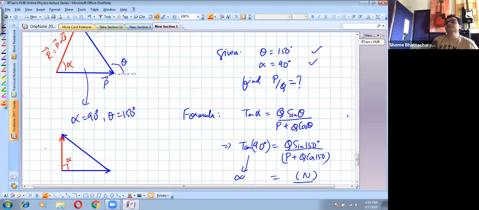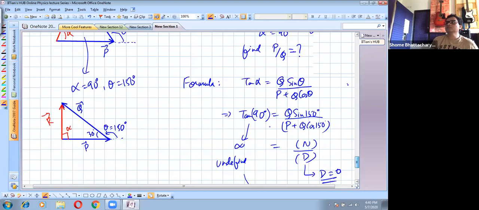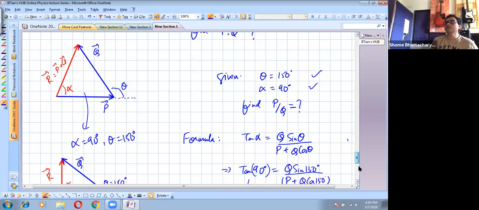When alpha is 90 degrees, this is the resultant. And for the other two, the angle between P and Q is 150 degrees, that's your theta. This is Q and this is P. So you know this angle is 30 degrees. Once you know there is a right angle triangle, why apply so much formula and all that?